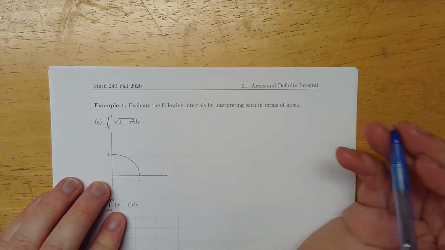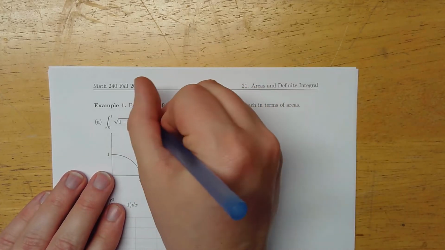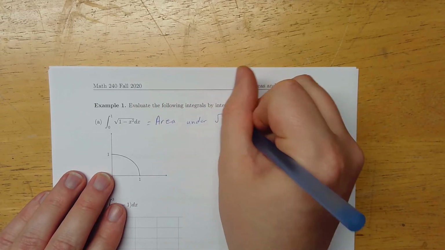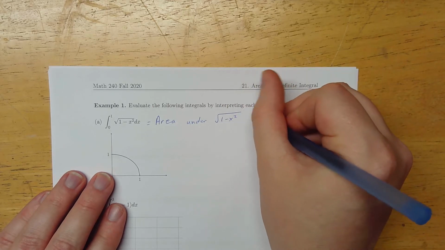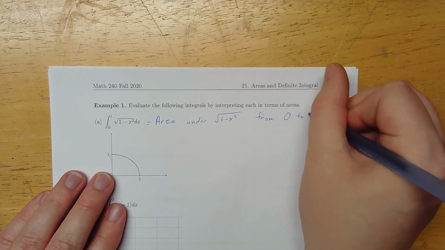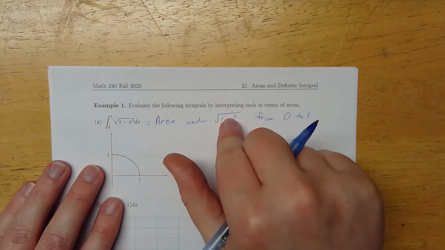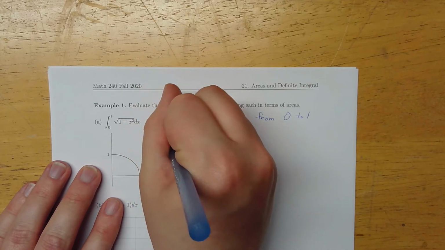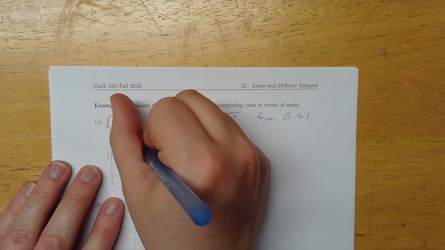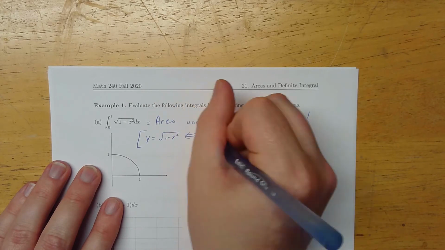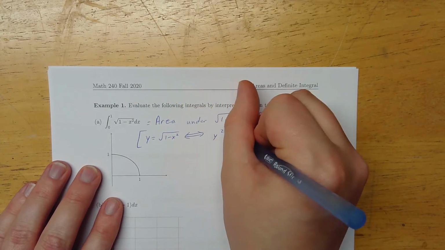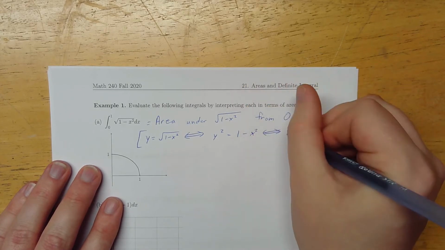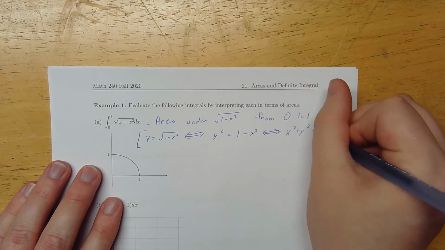Well, this is the same as the area under the square root of 1 minus x squared from 0 to 1. And something that is worth noting about this is if we have y equals the square root of 1 minus x squared, this is the same as saying y squared equals 1 minus x squared, which is the exact same as saying that x squared plus y squared equals 1.